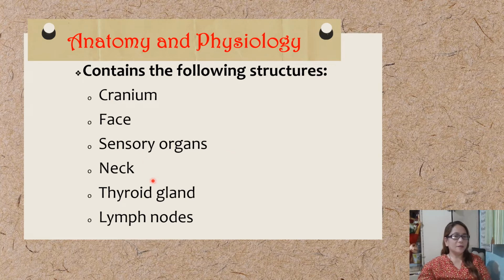No? Baka sabihin nyo yung ears, sabi ni Ma'am Dayrit, nasa face. Of course, at the lateral side of your face. And the neck, where you can find your throat, the thyroid gland, and the lymph nodes.